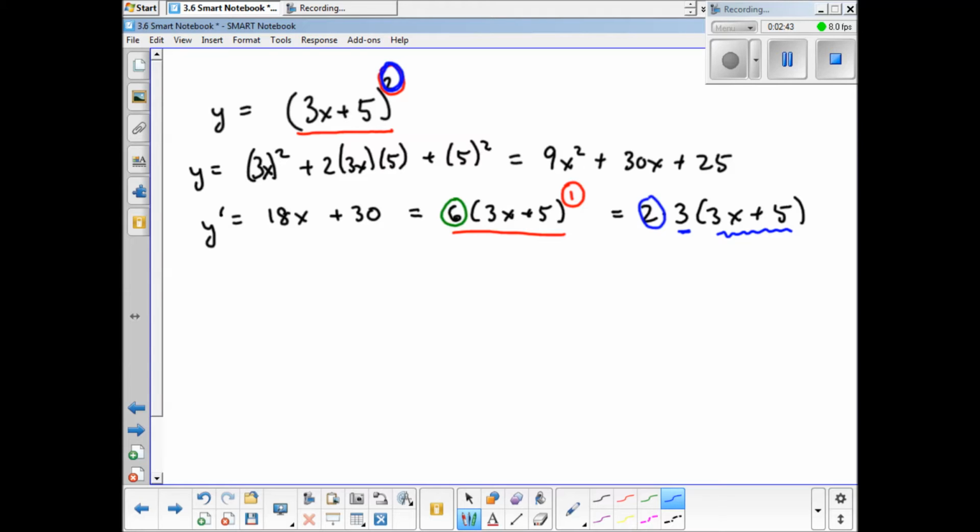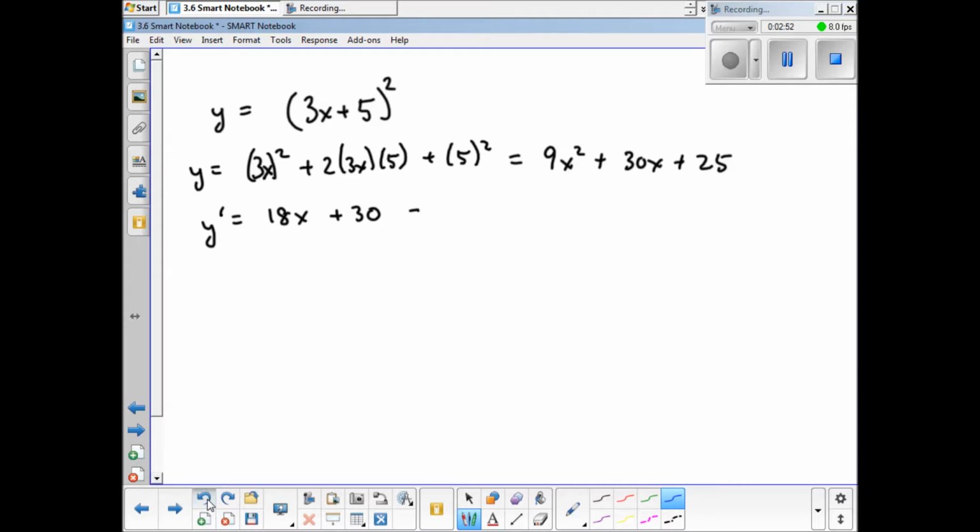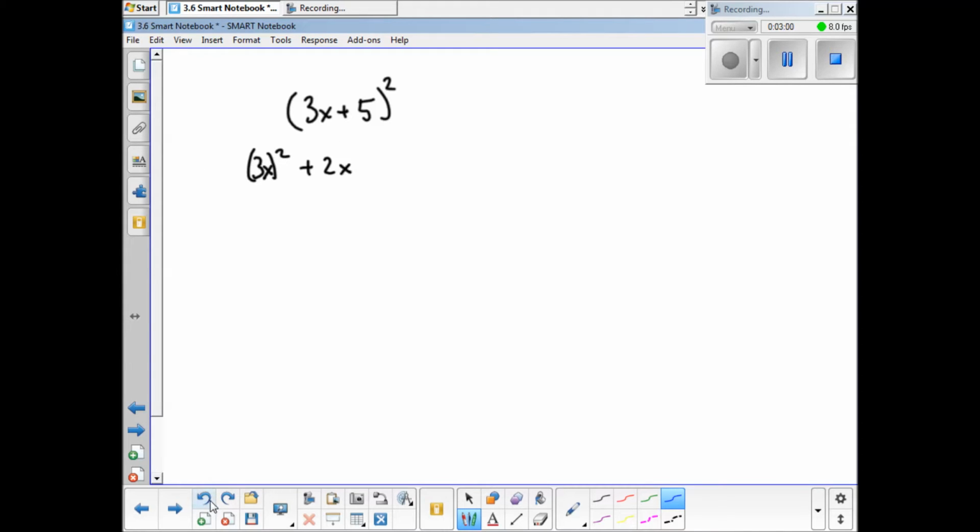Okay, now I'm going to go with that example again, this time with a little more elegance. Let's say we were starting off with this problem here. Could we really just do the following?